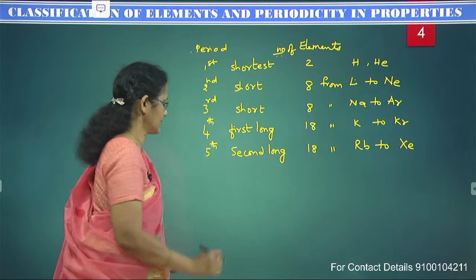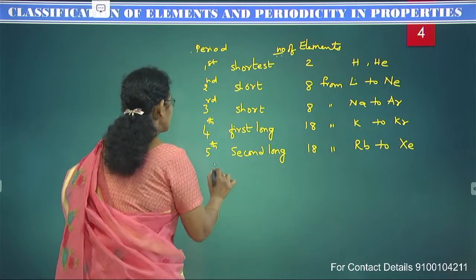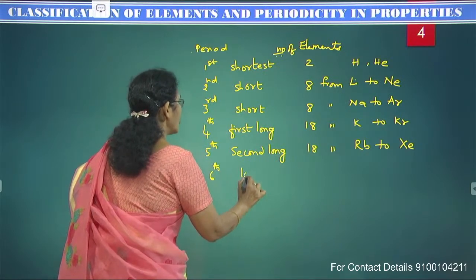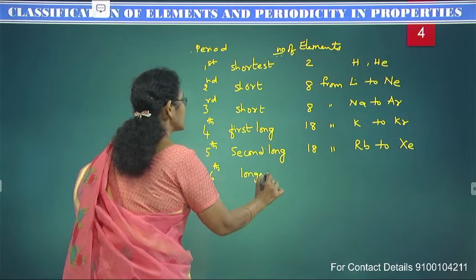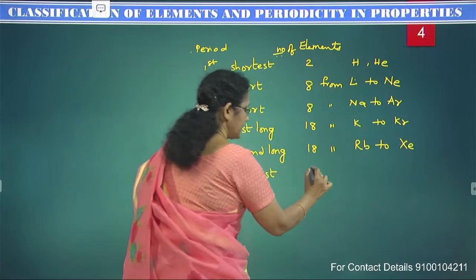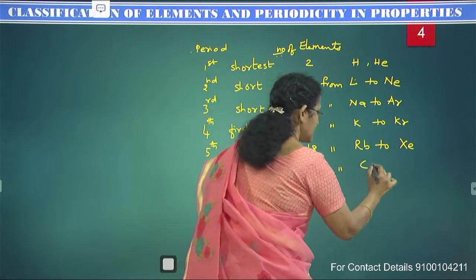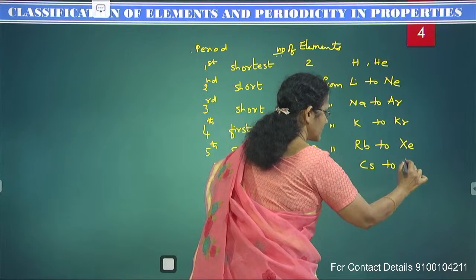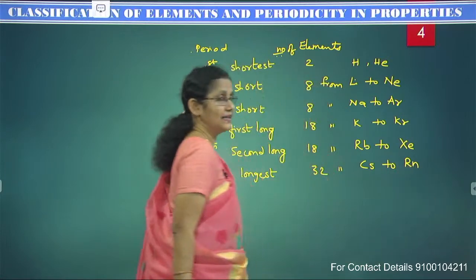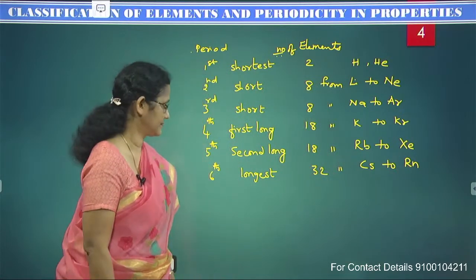Now I am taking the sixth period, the longest period in the periodic table with 32 elements from cesium to radon. At least the starting element and ending element.